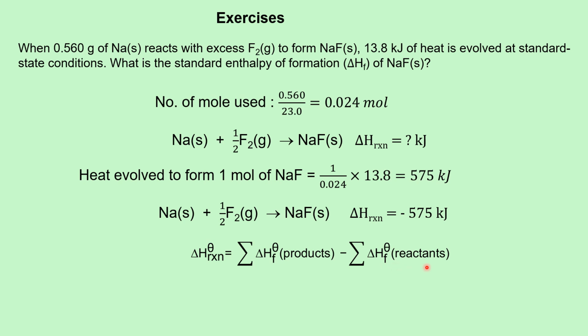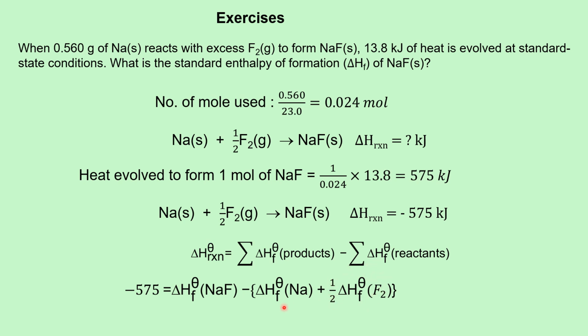Okay, you just substitute the value. For the reaction, we know it's negative 575. We want to get the enthalpy of formation for sodium fluoride, so we have to know the enthalpy of formation of sodium and also of fluorine.